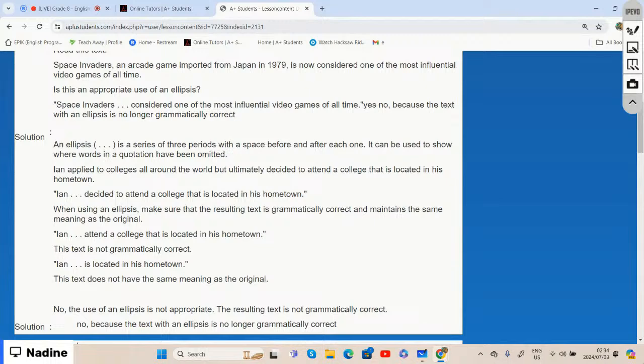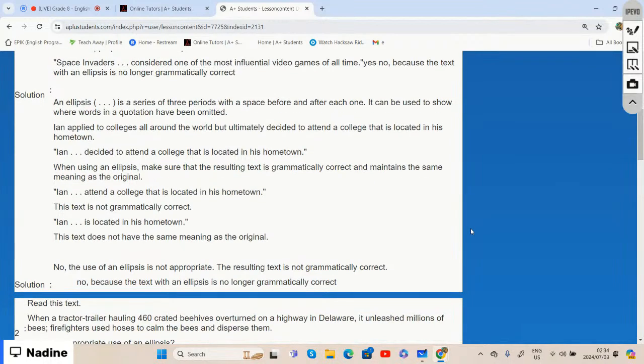All right. And we say that also when using an ellipsis, make sure that the resulting text is grammatically correct and that it maintains the same meaning as the original.